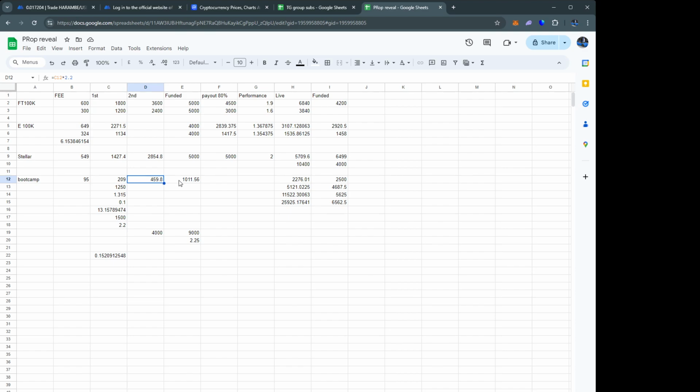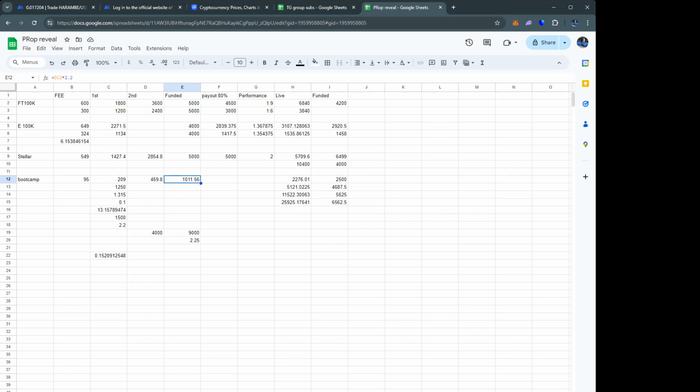Now you got the idea. We pass to the third step, meaning that when we get the funded account, we must have $11 more than 1,000 in the live account.